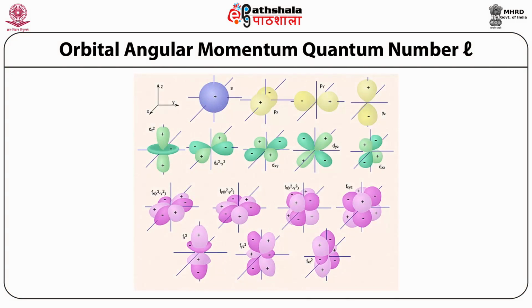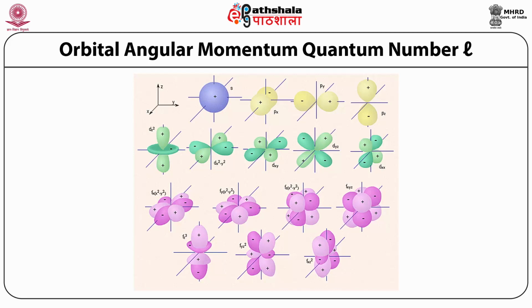Now this figure shows the three-dimensional shapes for the s orbital, which has one orbital, that is l equal to 0, m equal to 0. The p orbital, l equal to 1, that is m can be equal to minus 1, 0, 1, has three orbitals: px, py, pz.